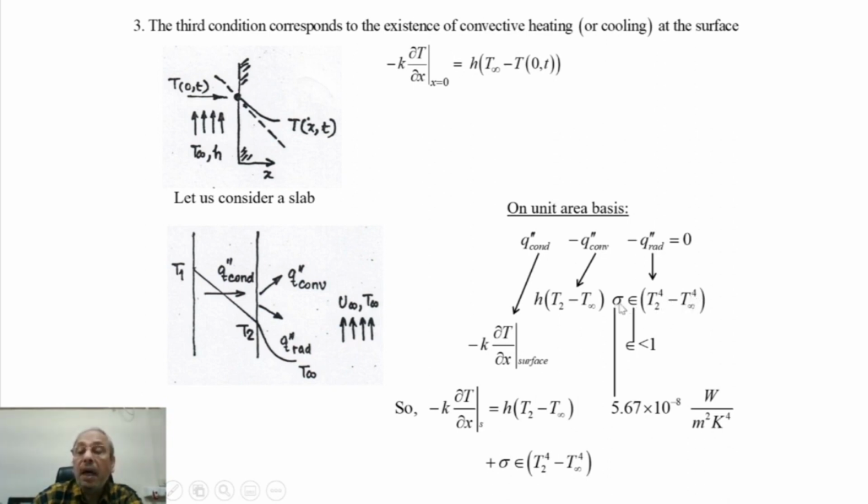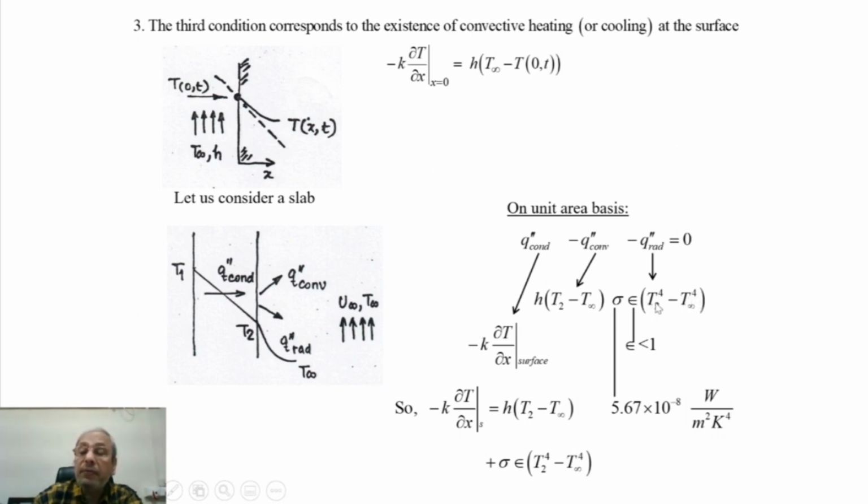Sigma is the Stefan Boltzmann constant given by 5.67 into 10 to the power minus 8 watt per meter square Kelvin to the power 4, and epsilon is basically the emissivity of the surface. And usually for complex conditions we use effective emissivity, and this emissivity is anyway less than 1.